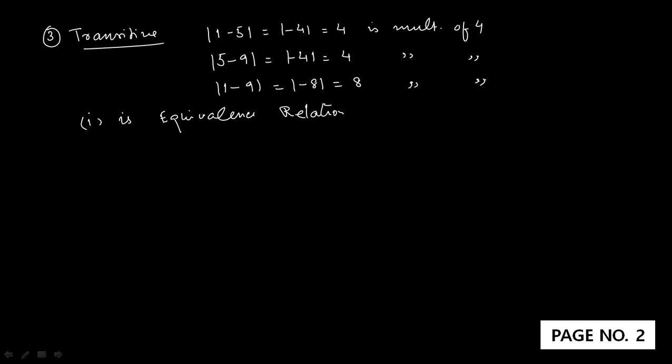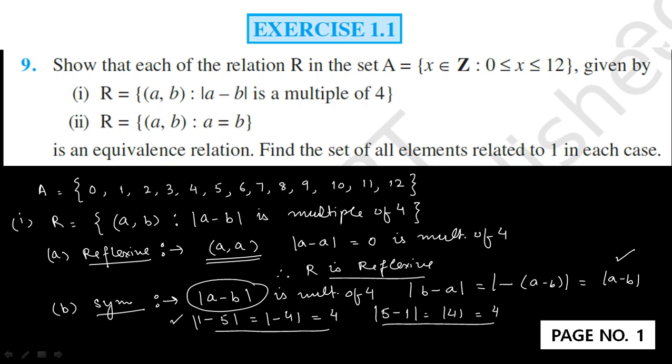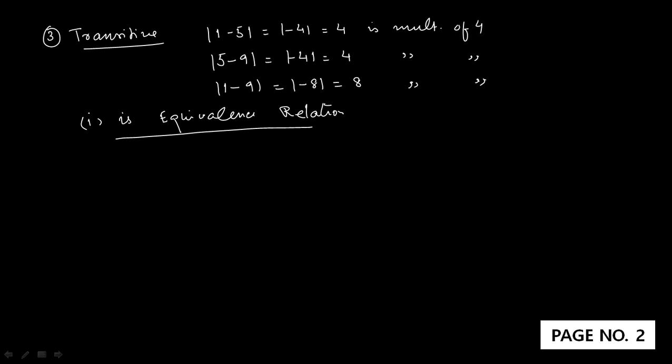Now first relation is equivalence. Now one more condition is there. We have to find the set of all elements related to 1 in each case. Now, because the numbers lie from 0 to 12, this one is the set.